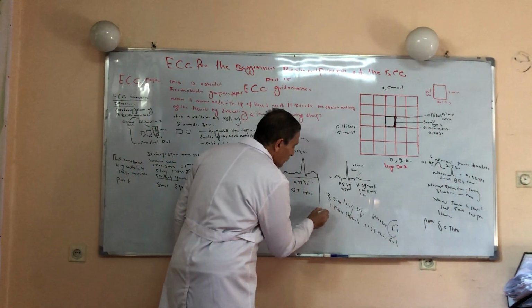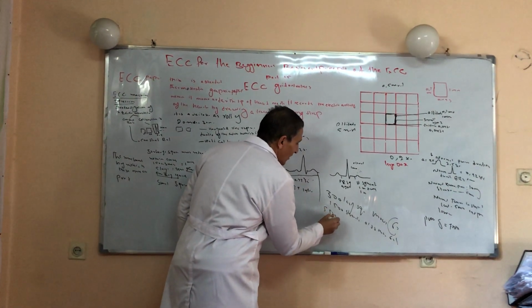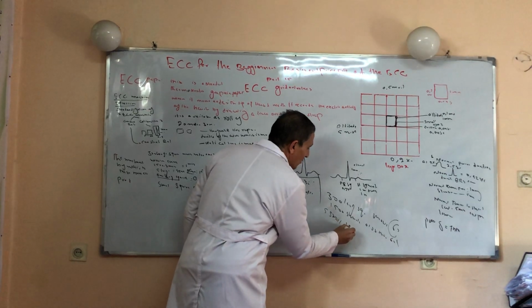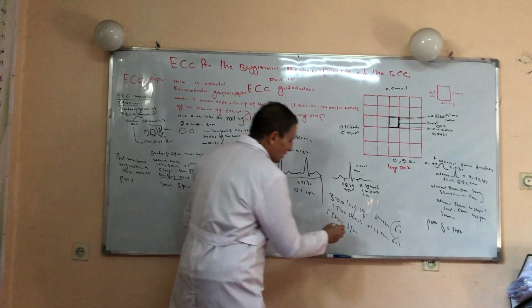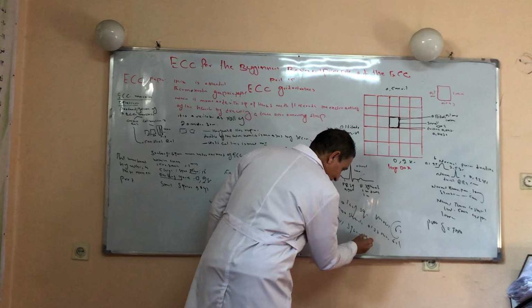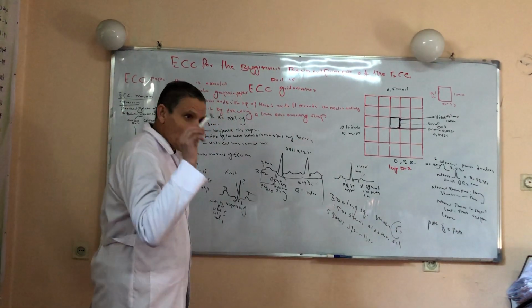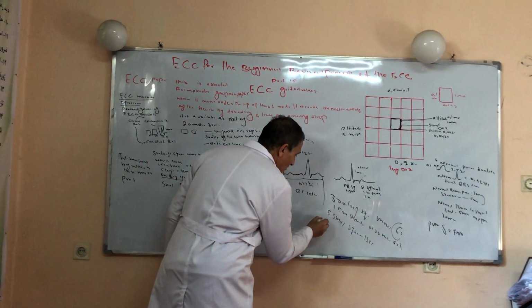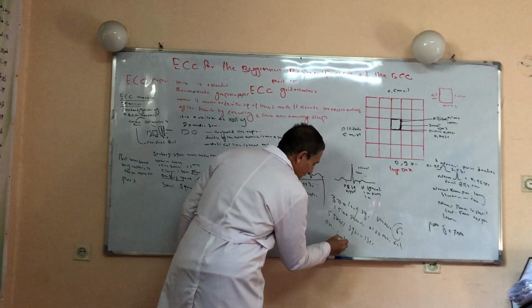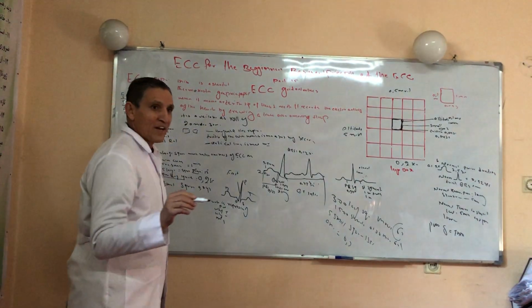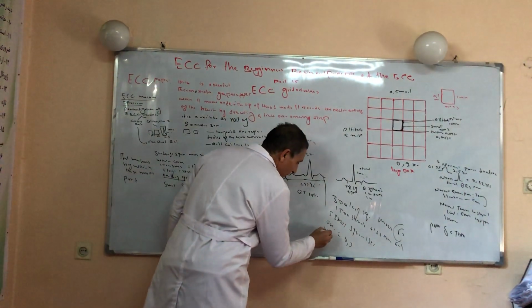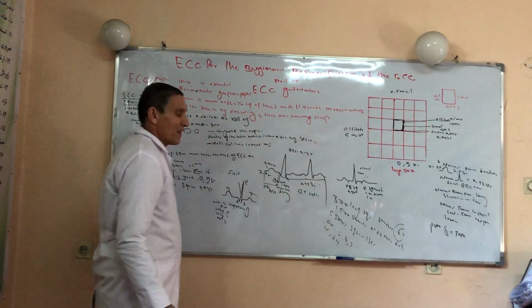Finally, 5 small squares move under the needle of the ECG machine within 1 second. One large square moves under the ECG machine in 0.2 seconds. One small square moves under the needle in 0.04 seconds.